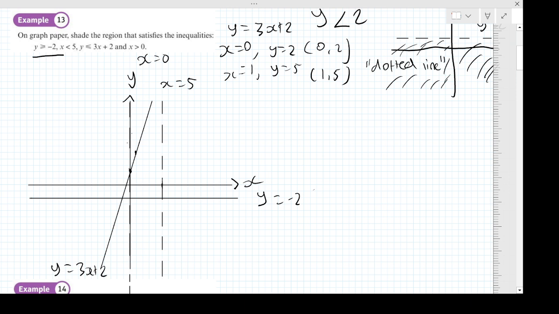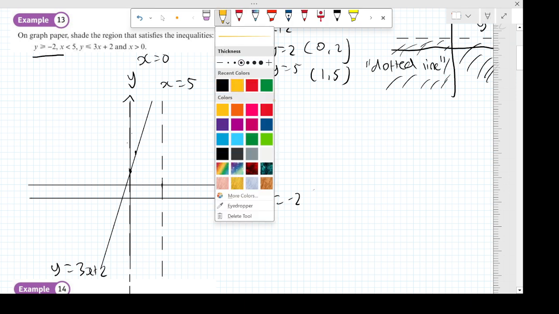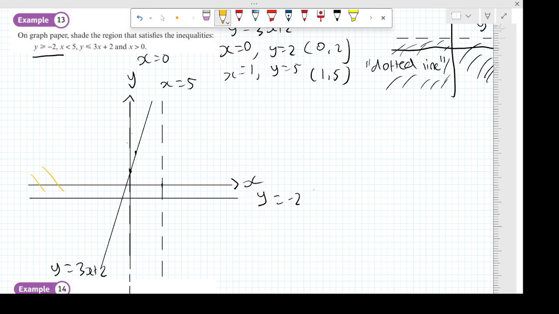So we want it to be above the line, right? If we indicate our region, let's do it in yellow again. So firstly, it's going to be above the line y is equal to minus 2, right? There we are.